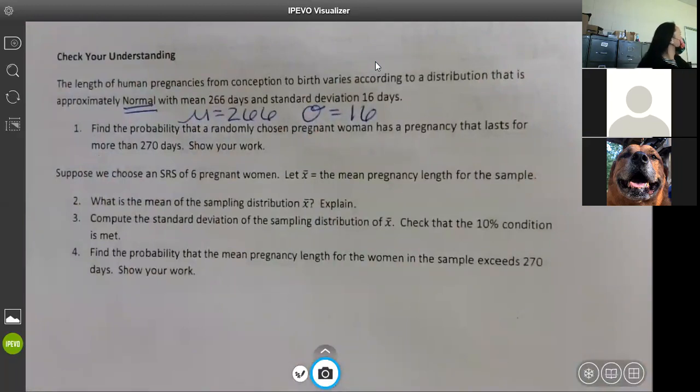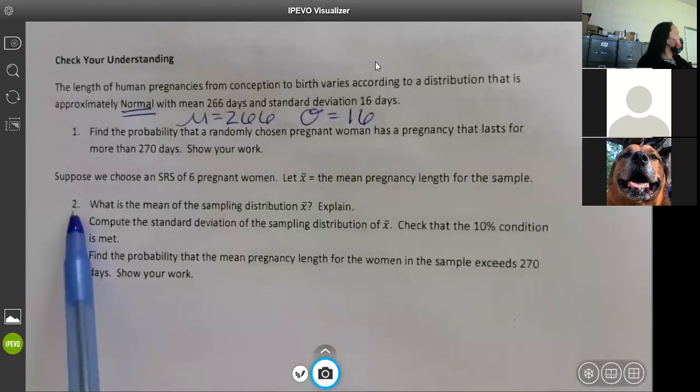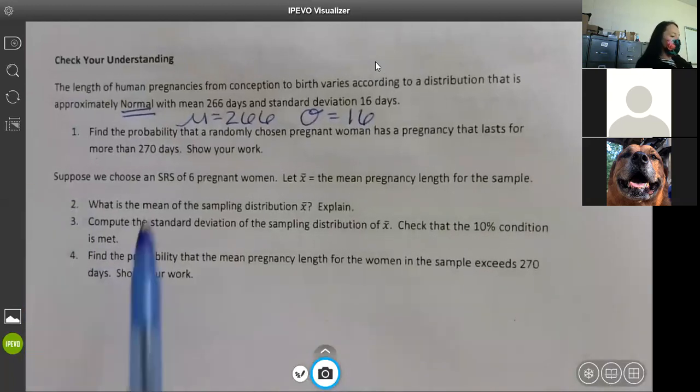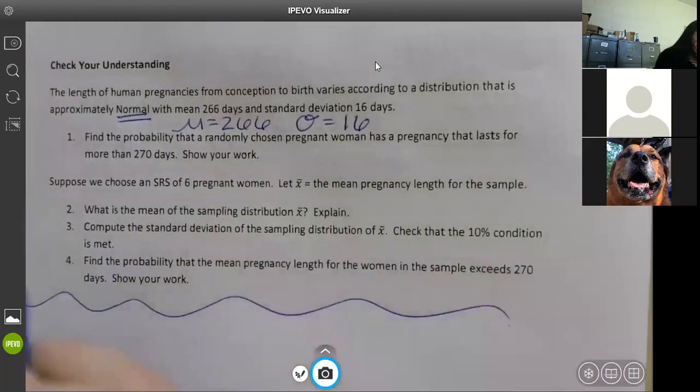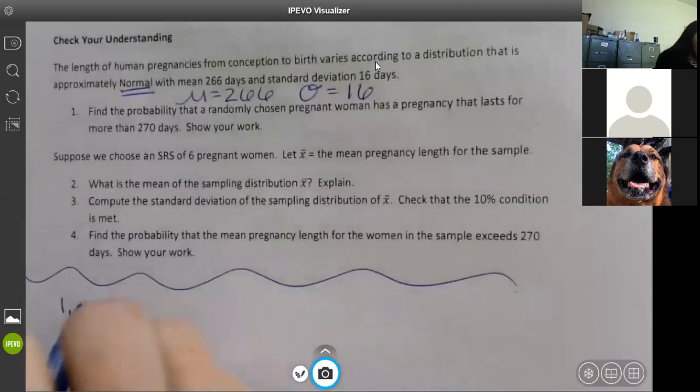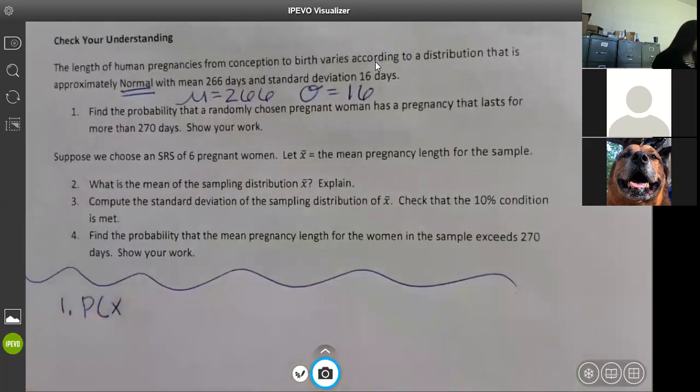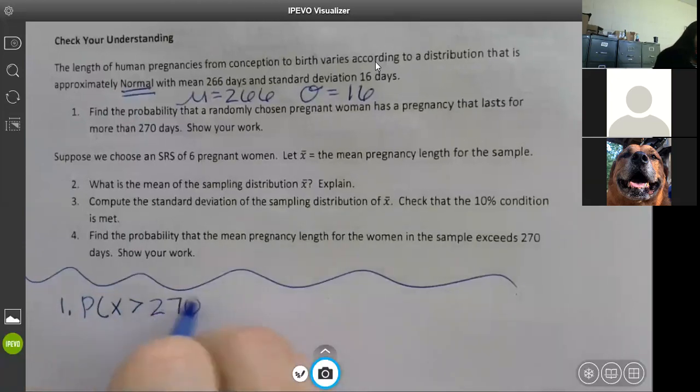Okay, so this is a randomly chosen woman from the population. So we're using our population stuff. Until it tells us SRS, which it does in part 2, we keep this same mean and the same standard deviation. Okay, so number 1, we want the probability that X is what? Greater than 270. Good. So how are we going to do that?